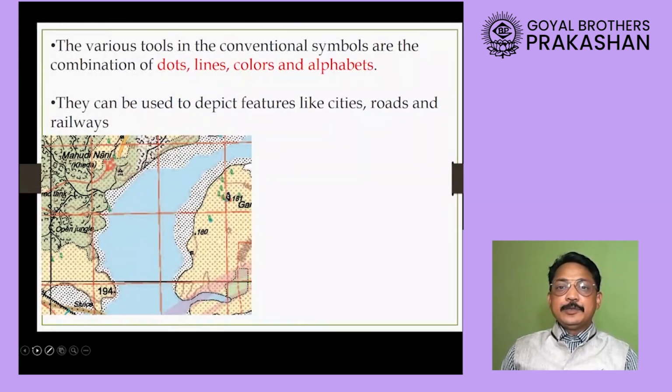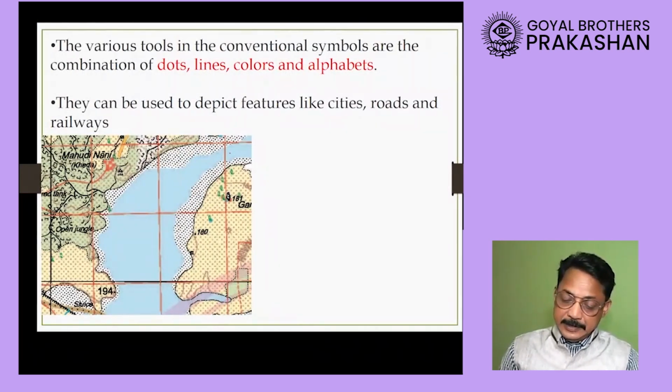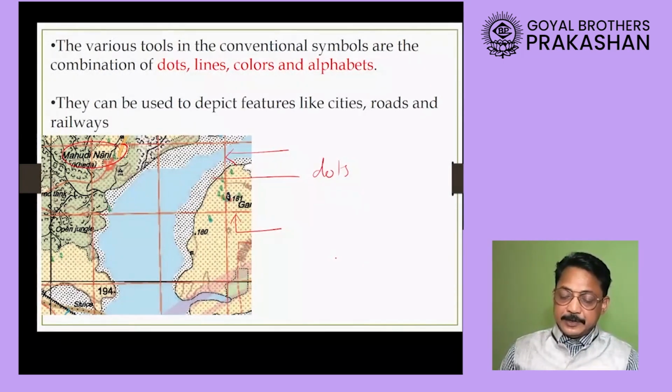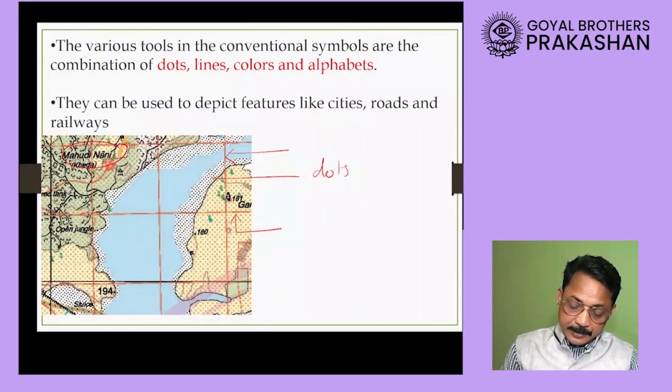So what do we use? We use lines. I told you about some vertical lines, some horizontal lines. Then we use some dots. We use some alphabets here, some numbers, some symbols, some words, like as you see here, Mahudi Nani is the word written over here using alphabets.